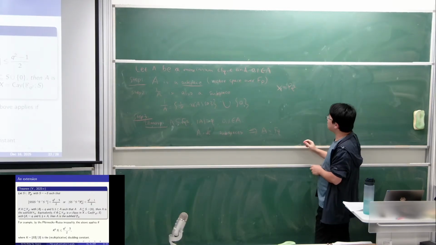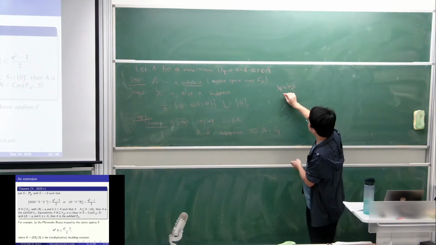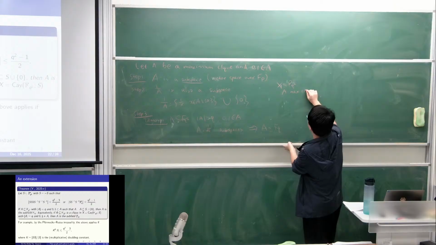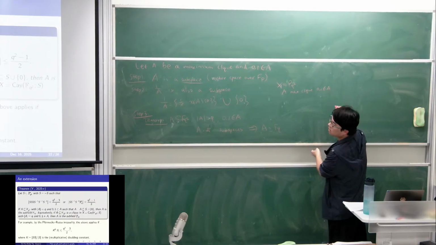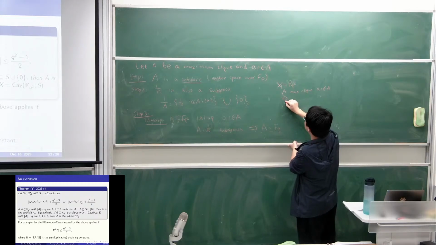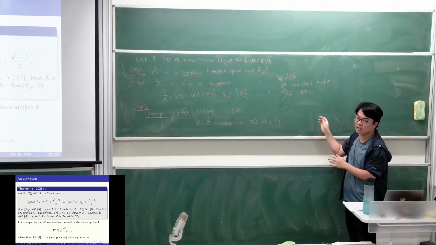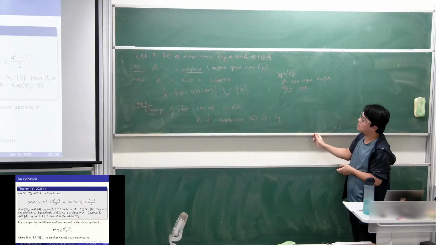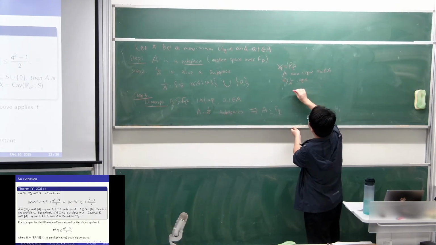I want to show that if A is a maximum clique such that 0 and 1 are in A, then 1 over A is actually also a maximum clique. I just need to show 1 over A is a clique because 1 over A has size q. The proof of this is actually quite simple. We just need to check this by definition.